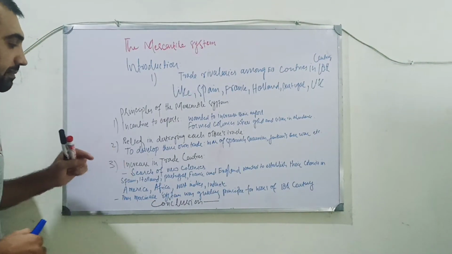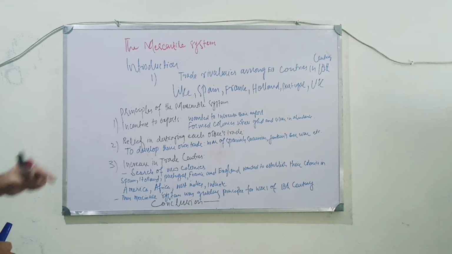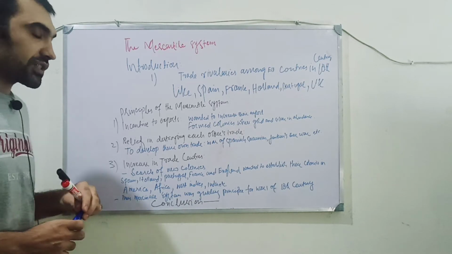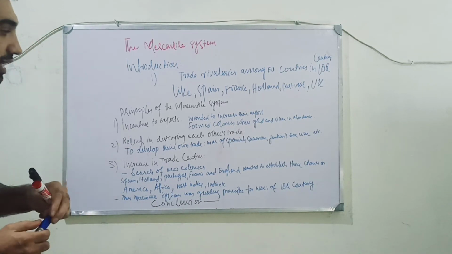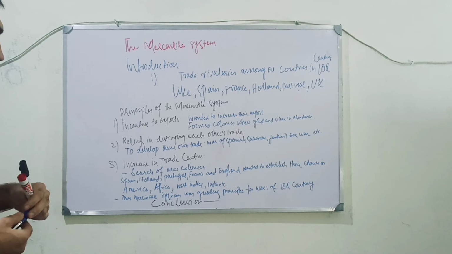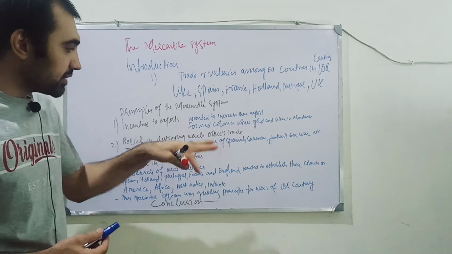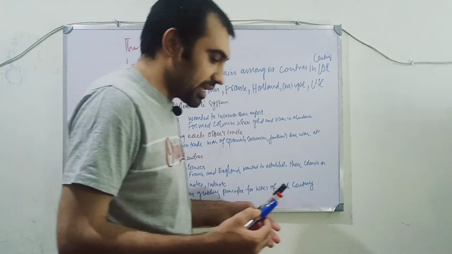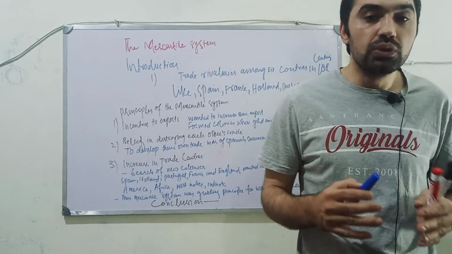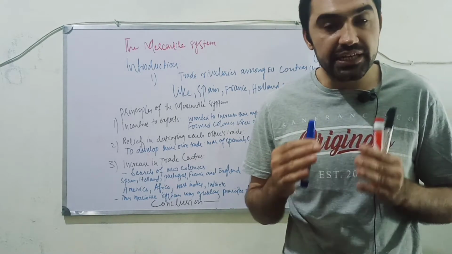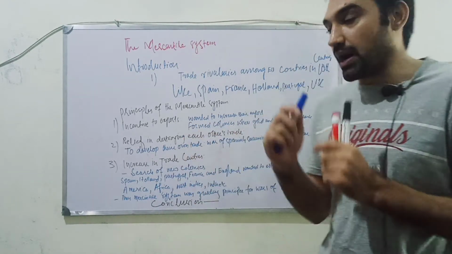So the second important principle of this system was destroying each other's trade. To develop their own trade, they would try to destroy the trade of other European powers.